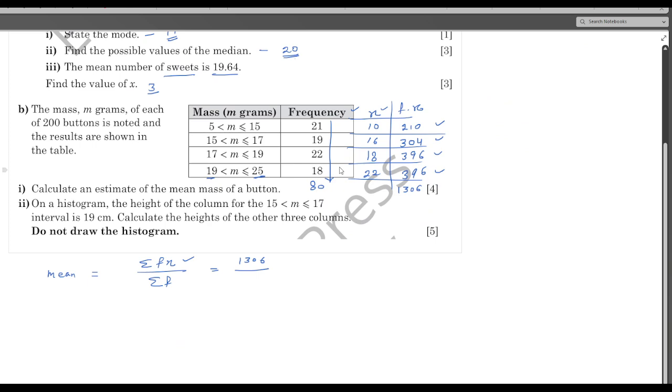The total number of buttons which I get is 80 only. So I will do the calculation based on this 80 value. So 1306 divided by 80 will give you the answer as 16.325.